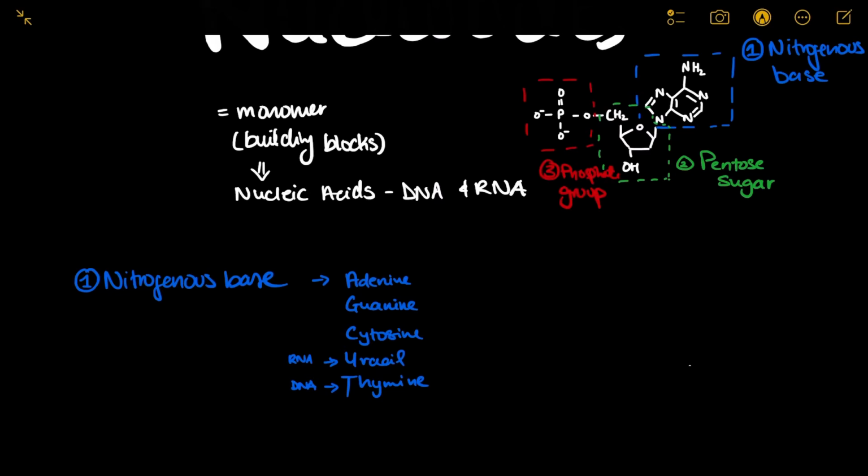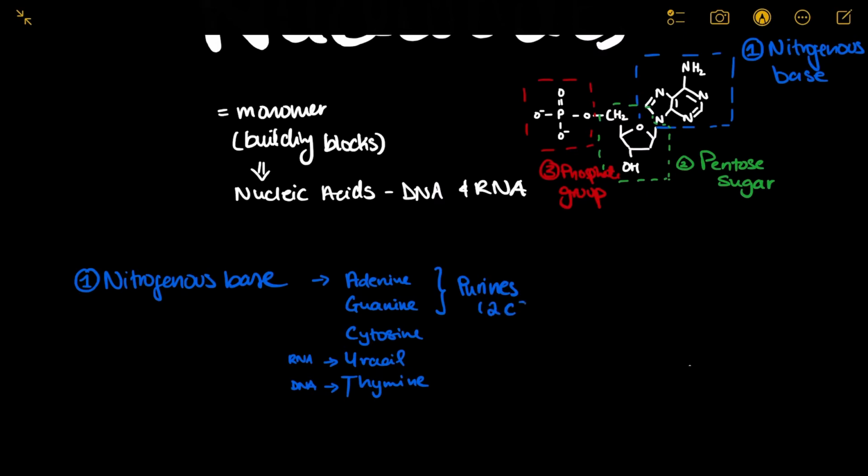And these 5 different types of nitrogenous bases can be categorized into 2 different types. So the first 2 are called purines. Purines means that they have 2 carbon rings.